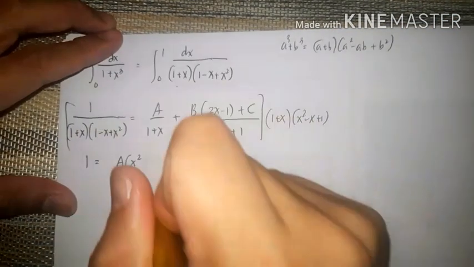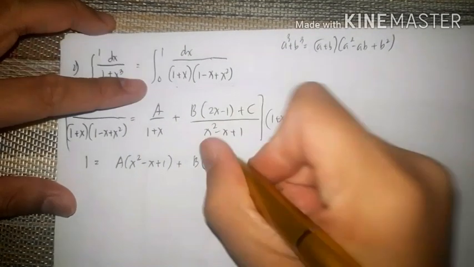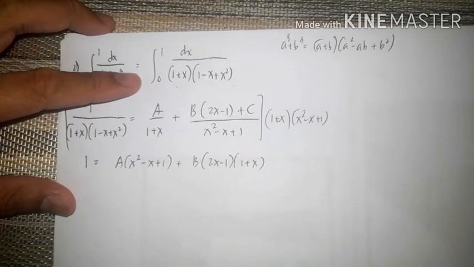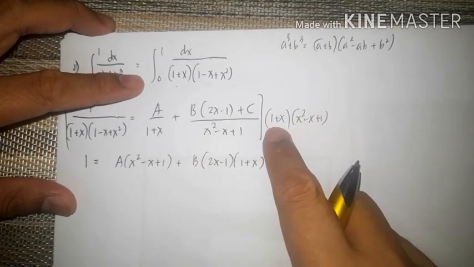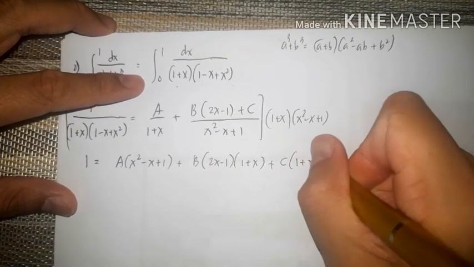1 equals A(x squared minus x plus 1) plus B(2x minus 1)(1 plus x) plus C(1 plus x).